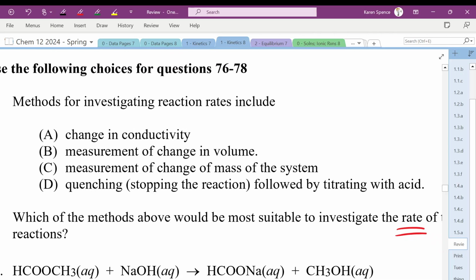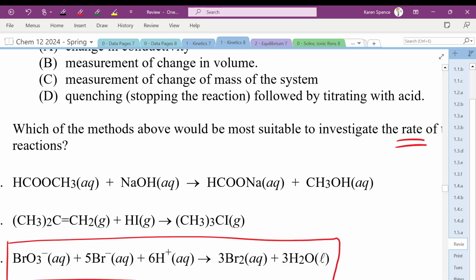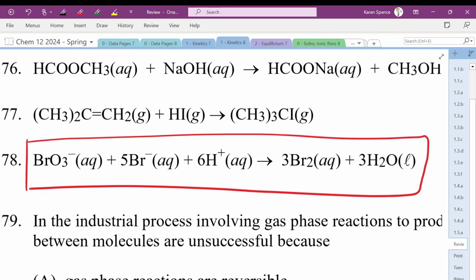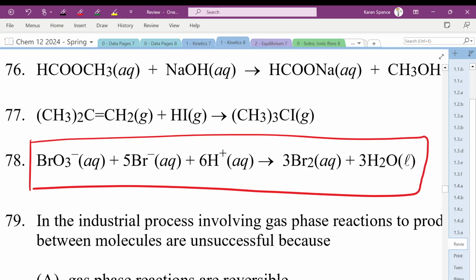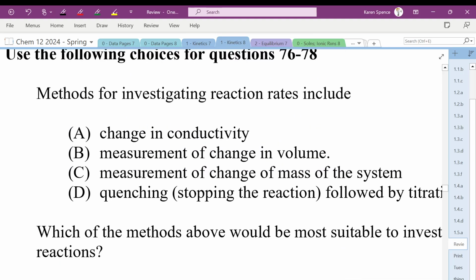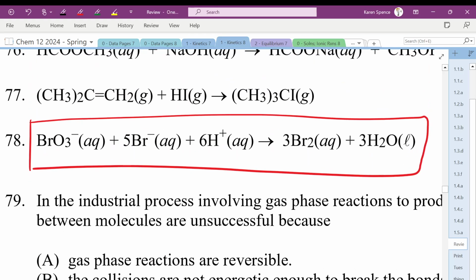Quenching the reaction followed by titrating with an acid. That means reacting with an acid. That would be testing for a base. And do we have a base here? No. So that's not going to be helpful. Measurement of the change of mass of the system. Will this system change in mass?